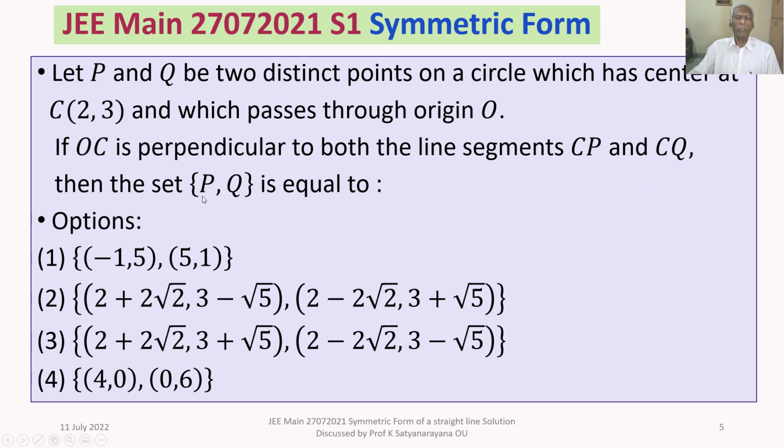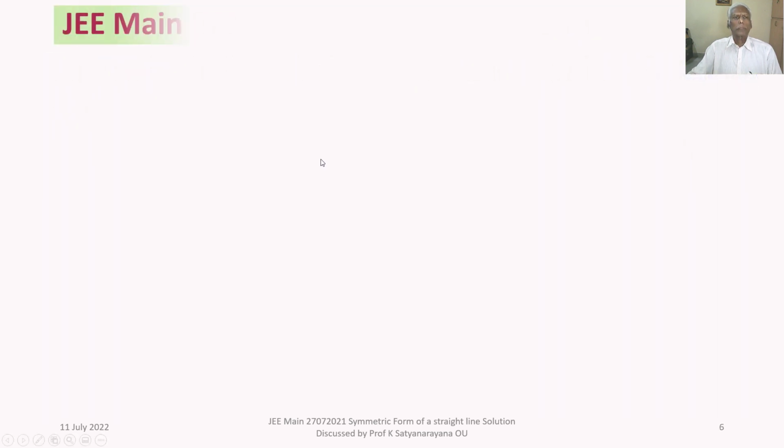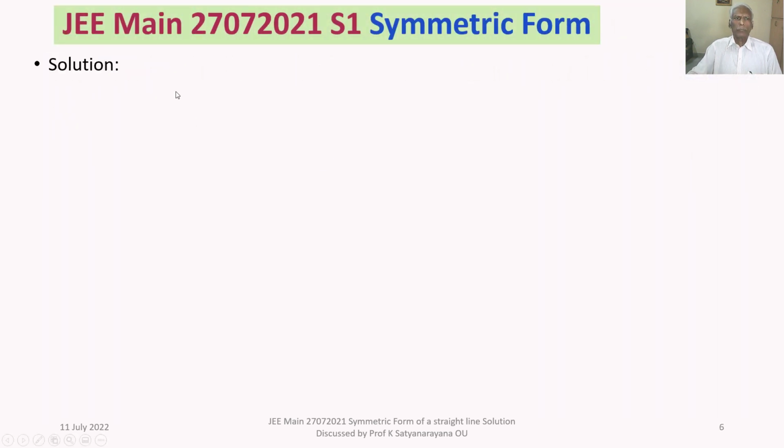Then we have to find the coordinates of the points P and Q in this set. The four options are given to us. Solution.